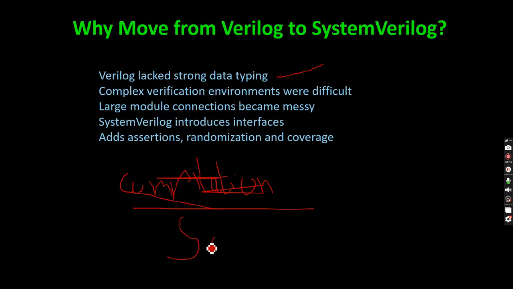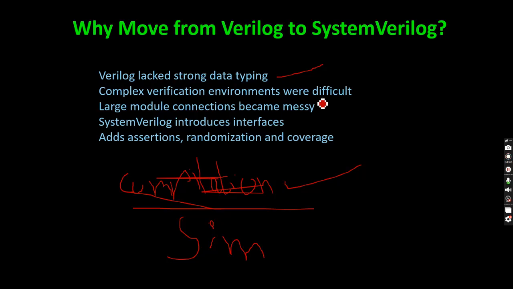But in SystemVerilog, the memory is allocated at simulation time, after compilation. So a lot of memory is saved. That's why SystemVerilog supports this type of memory allocation.